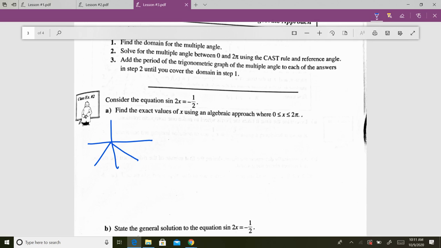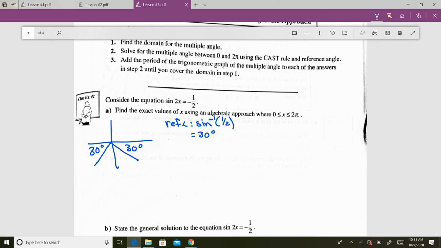It's going to be sine inverse of a half, which gives me a reference angle of 30 degrees. So I know this is 30 degrees, and this is 30 degrees.